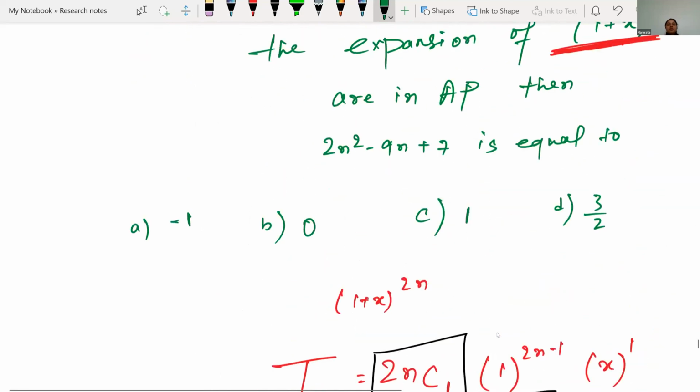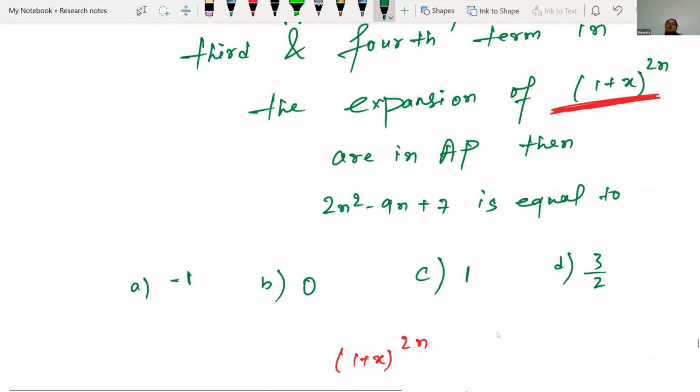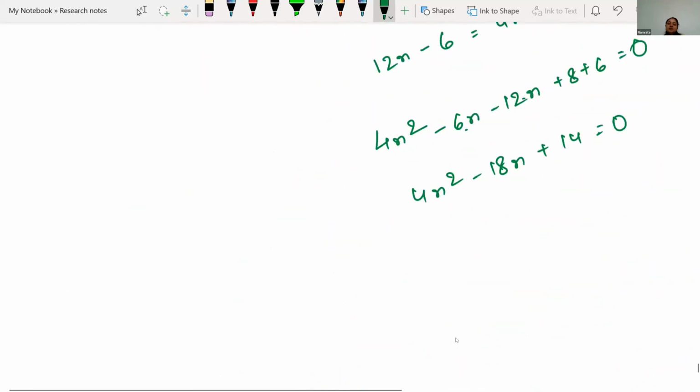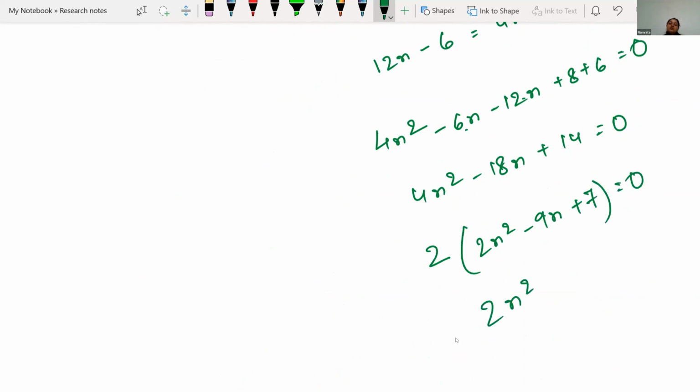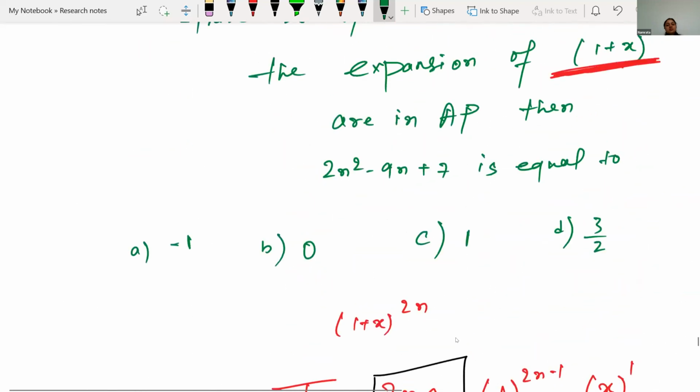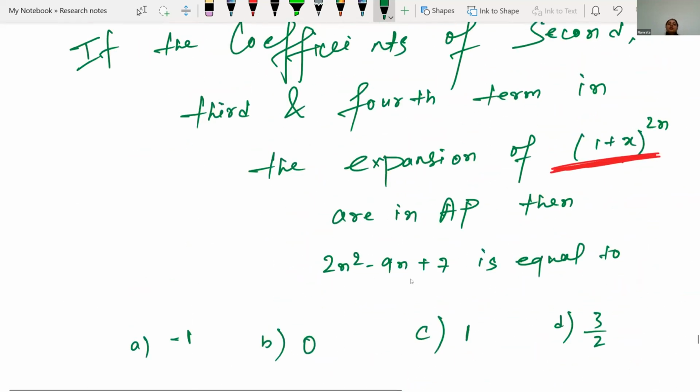What we needed to find here? We needed to find 2n square minus 9n plus 7. Is it possible to take out anything common from here? So can we say 2n square minus 9n plus 7 is equals to 0? Yes, ma'am. So here we will be marking option 0. Is it okay?